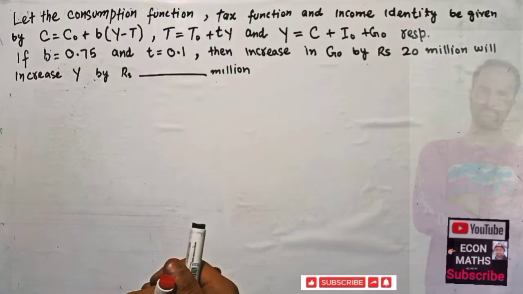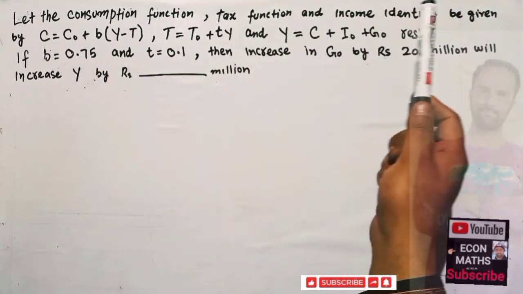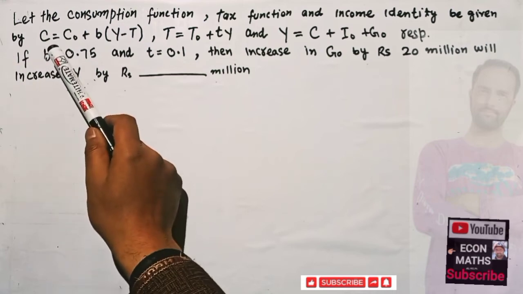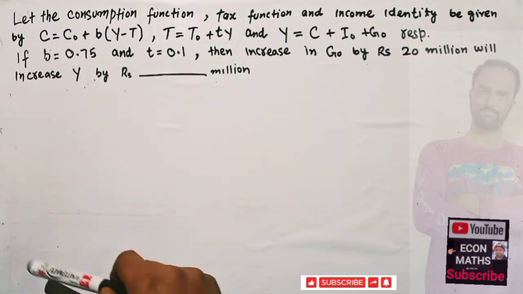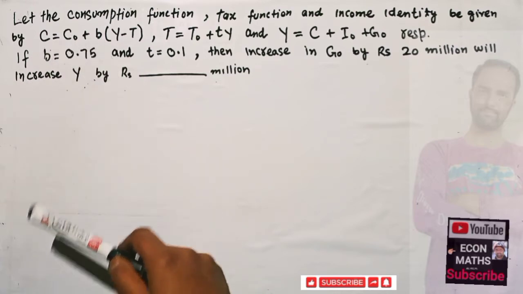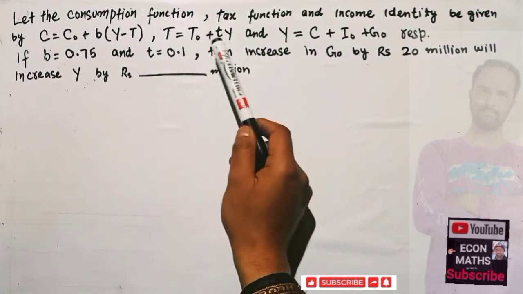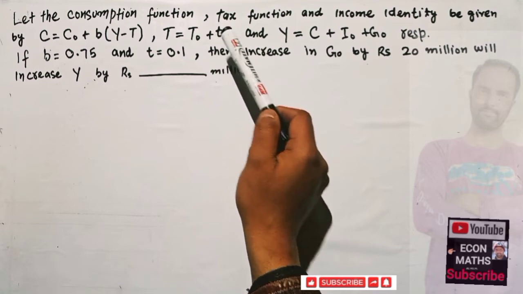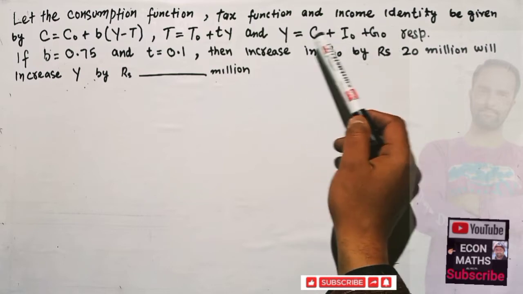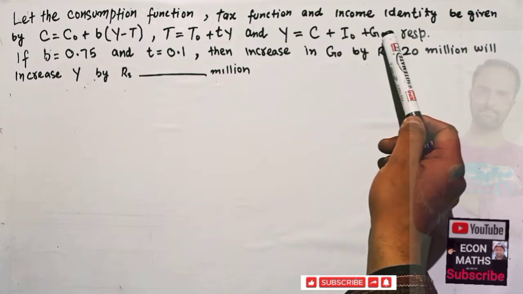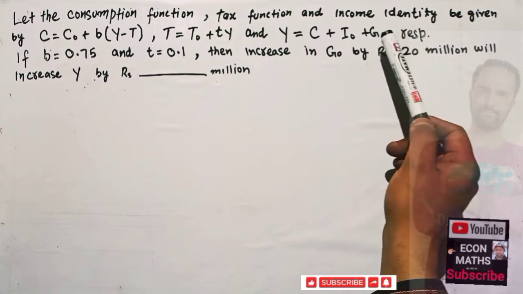Okay, next question is related to national income identity. The question is like this: let the consumption function, tax function, and income identity be given by C is equal to C naught plus B times (y minus T), where C is the consumption, C naught is the autonomous consumption, B is the marginal propensity to consume, and T is the tax, and T is equal to T naught plus Ty. Here this T is the marginal tax rate, and our national income identity is given as Y is equal to C plus I naught plus G naught, where I naught and G naught are the autonomous investment and government expenditure, which is also autonomous.